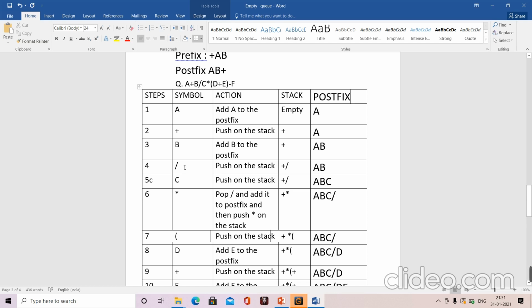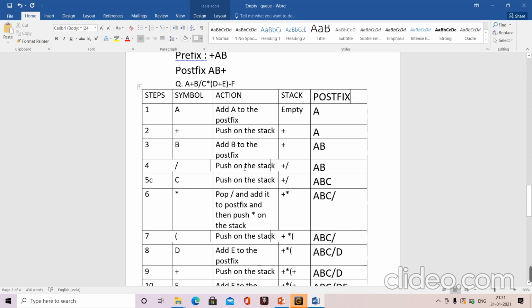This is division. Since the precedence of multiplication is equal to that of the division operator, they have the same precedence, right? So the division operator is popped and added to the postfix, and now the top operator of the stack is plus.